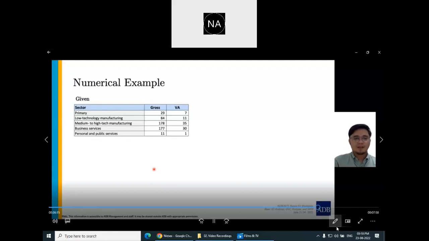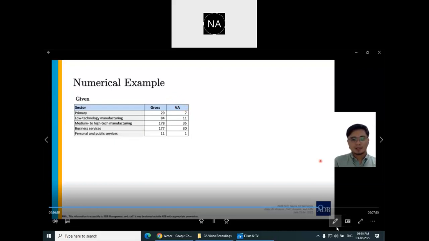All right, let's have this numerical example. Suppose we have an economy with 5 sectors: primary sector, low technology manufacturing, medium to high technology manufacturing sector, business services, and personal and public services. Exports here are expressed in 2 columns.